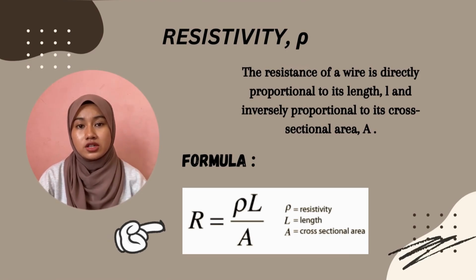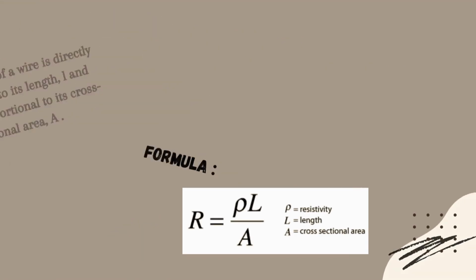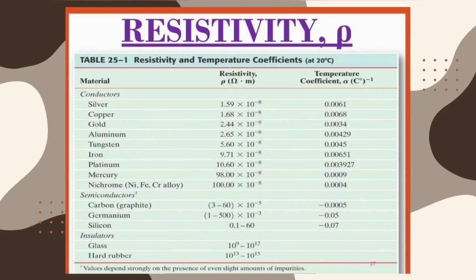This is the formula of resistivity. Next, this table shows the resistivity and temperature coefficient at 20 degrees Celsius. For the material, we have conductors, semiconductors, and insulators.